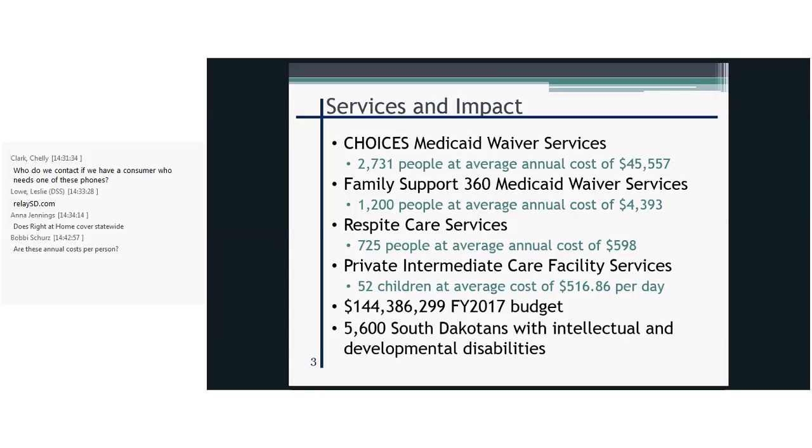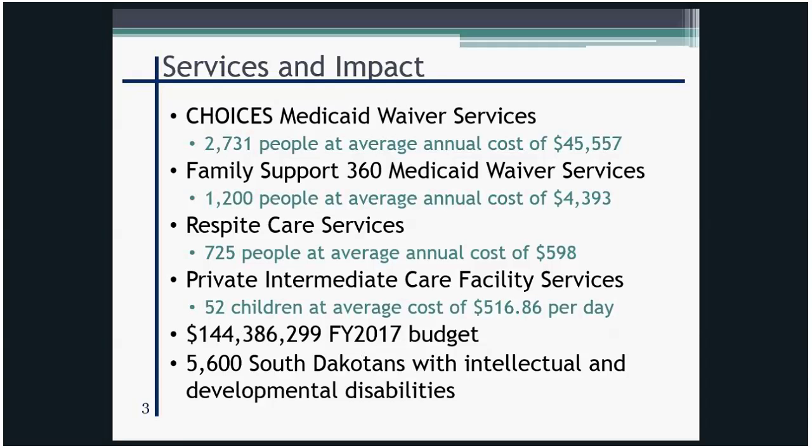We do not deliver residential services, which really contributes to that swing in average annual cost between both waivers. In the Choices waiver, with the average annual cost at just over $45,000, most of those dollars are going towards funding residential services. So in Family Support, we don't have that residential support, so it's much more cost effective.